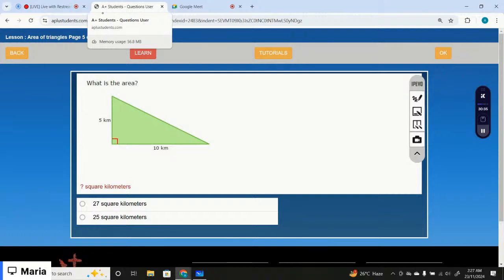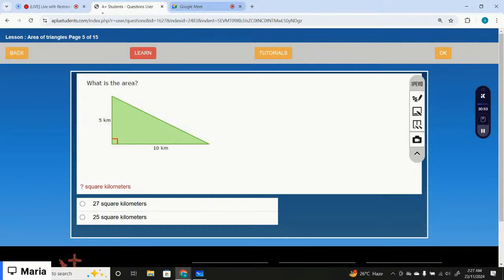What is the area, which is the correct option? That is 10 times half times base times height.